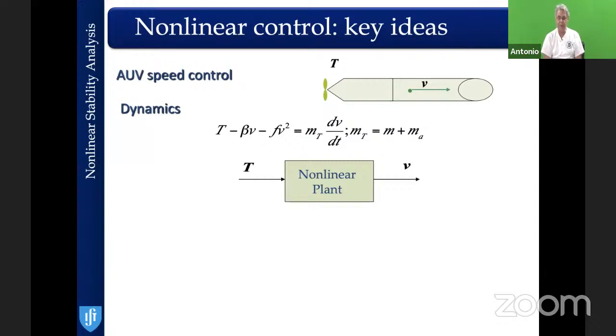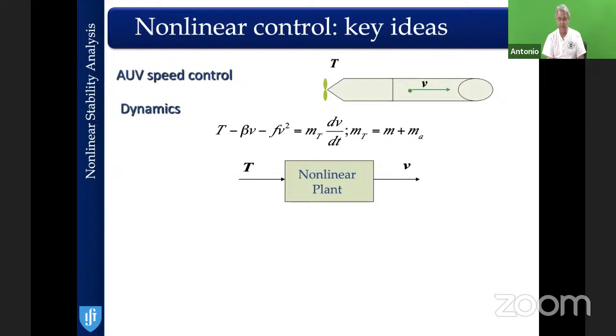Suppose you want to control a torpedo underwater or a submarine. So you start by writing down the equations. And what are they? The sum of all forces, so it's moving only in one direction. The sum of all forces is equal to the total mass, which is mass plus added masses, times the acceleration. So what other forces are involved there? You have a linear drag force and a quadratic drag force.